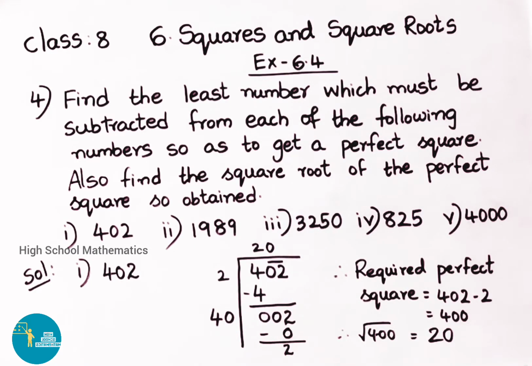If we subtract this remainder 2 from 402 we get the perfect square. Therefore, the required perfect square is 402 minus this remainder 2, that is 400. Therefore, the square root of 400 answer is 20.